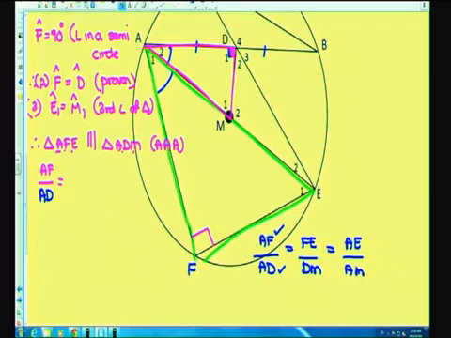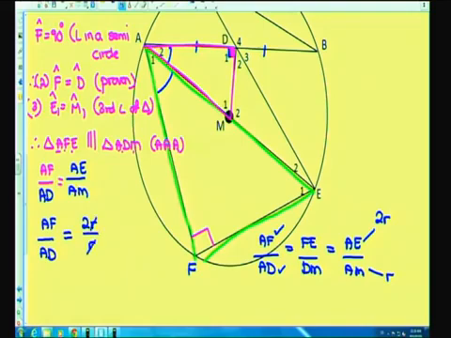AE was the diameter, so the diameter could be seen as twice the radius. And AM is the radius. So I do know something about that. So I'm going to go AE over AM. And therefore AF over AD is equal to 2R over R. The radius cancels. And so we're going to get AF to AD is 2 to 1.